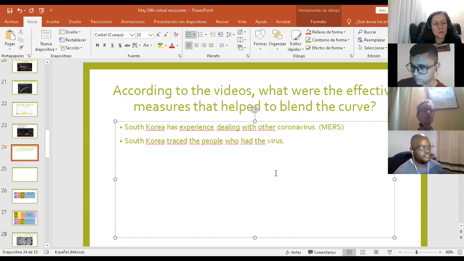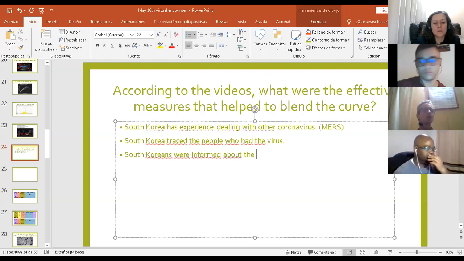So they gave all the people in Korea a tracing map app. You watch your screen and you see the parts of the city or parts of the country where you can pass a border, an imaginary border. So they have controlled the virus.